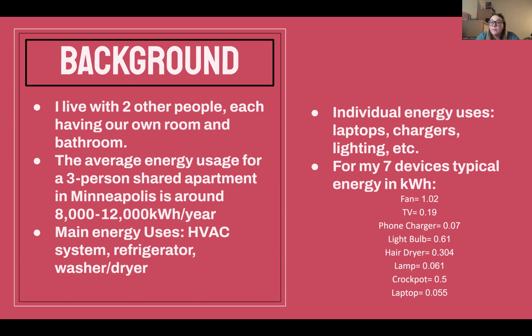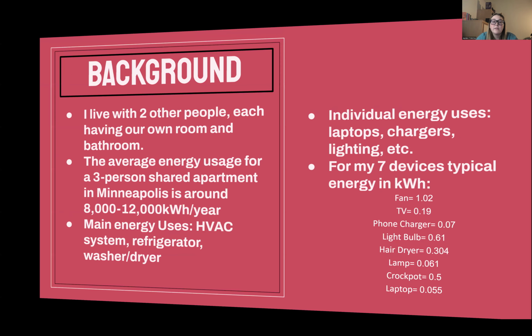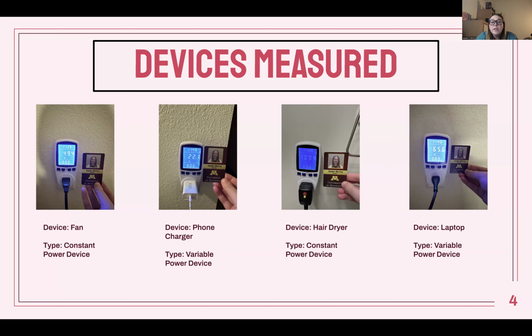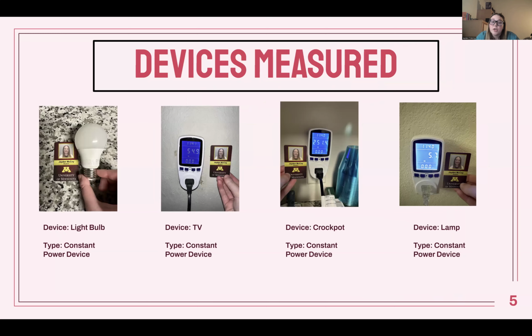And then we'll see how they compare to my own average energy towards the end. So the devices I measured were a fan, which is a constant power device, a phone charger, which is a variable power device, a hair dryer, constant, laptop, variable, and then the other 4, which are a light bulb, TV, crockpot, and lamp, are all constant power devices.